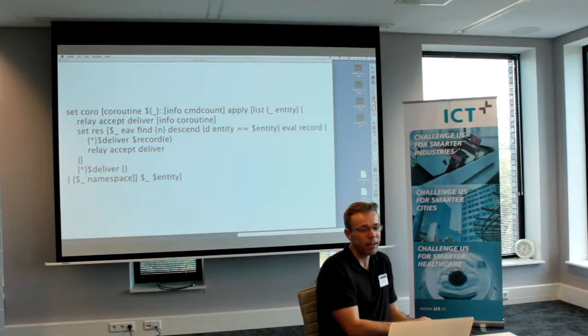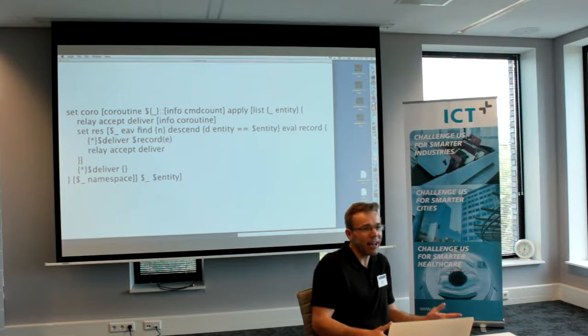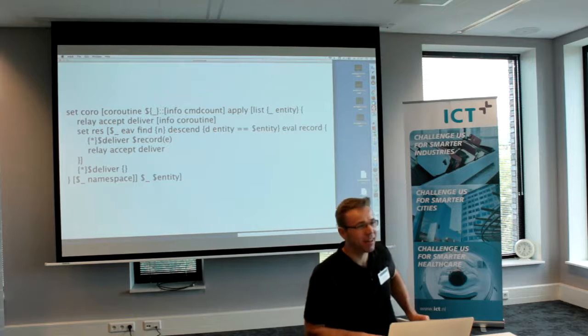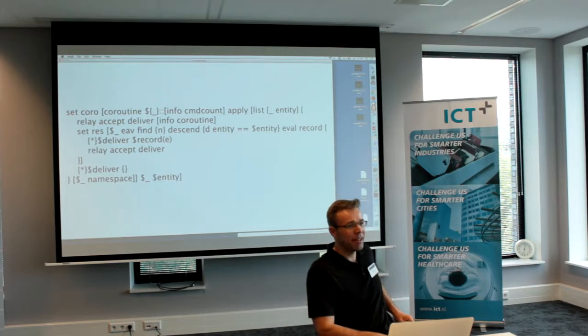The deliver line is hiding a yield, and so the SQLite query is iteratively evaluating a script through the query results and yielding. And it works. And I don't even know why it works. I didn't expect it to work. I thought it would fail. But I threw it in there, and it worked, and it's fantastic.